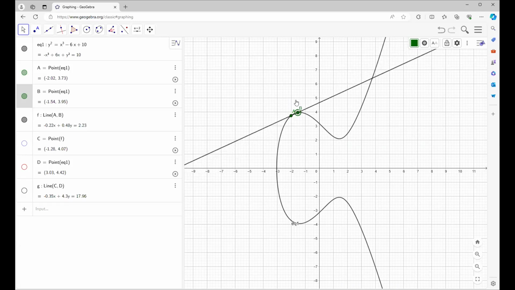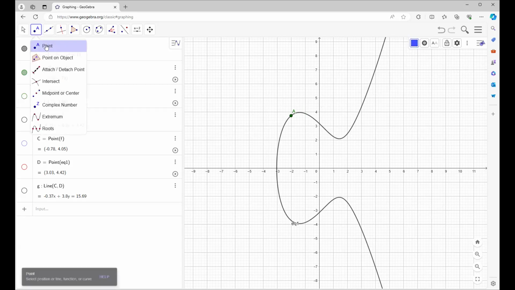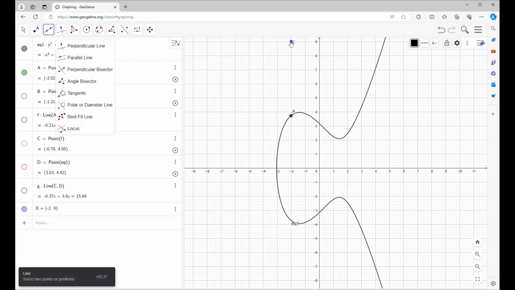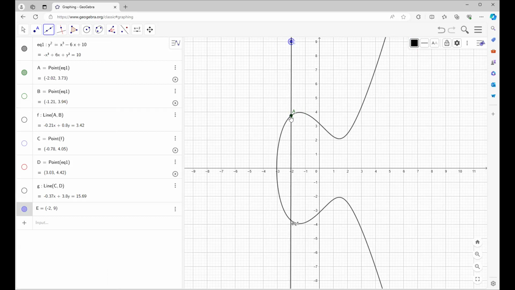So if I take my second point B, and I'm actually going to get rid of that, I'm going to give it a new point. I'm going to make it way up here, and I'm going to make a line between this and this. We quickly see that it goes off to infinity above. I know I didn't put it all the way at infinity, but you get the idea. It's at the very top of the page. It's not on the curve.